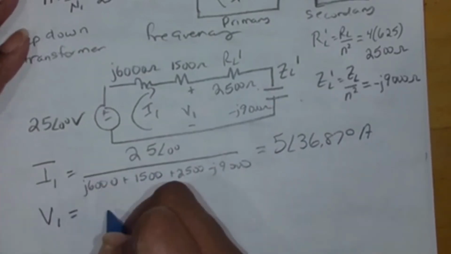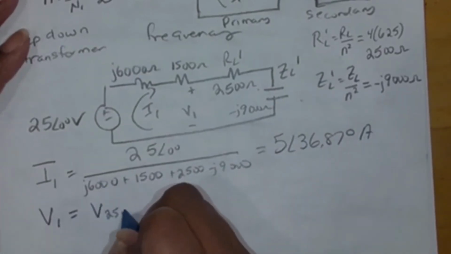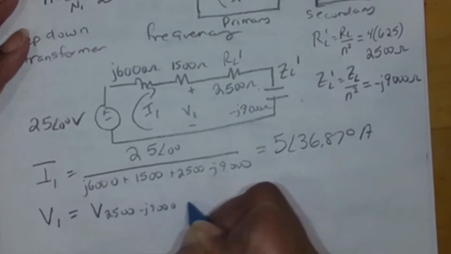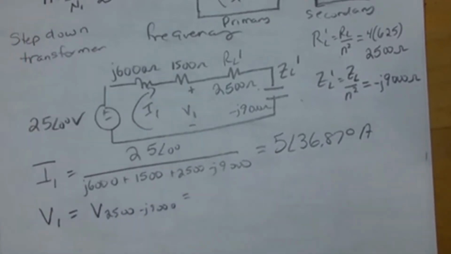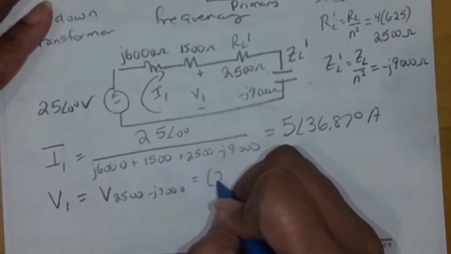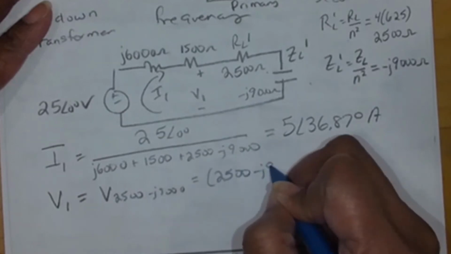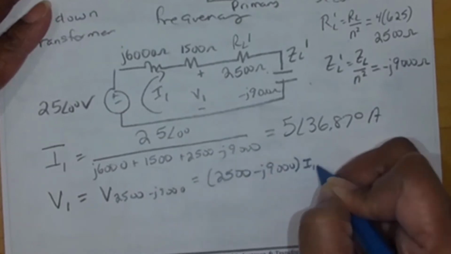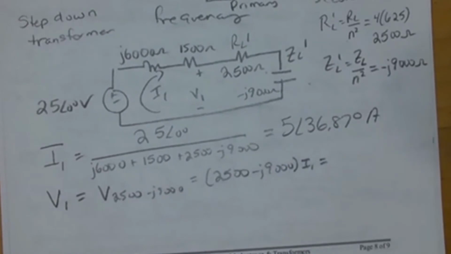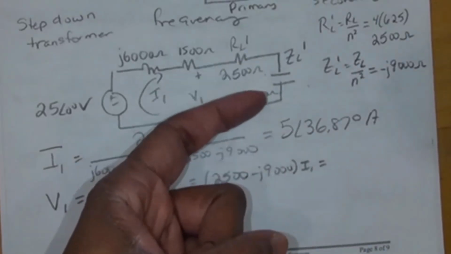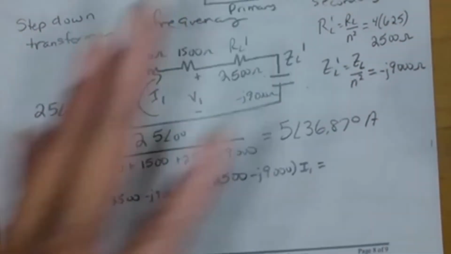Then V1 is the voltage across 2,500 minus J 9,000, those two in series. That's 2,500 minus J 9,000 times I1. V1 is the voltage across that 2500 in series with that negative J9000. Think about it like a voltage divider. It's the voltage across those two to get that voltage right there in the middle.